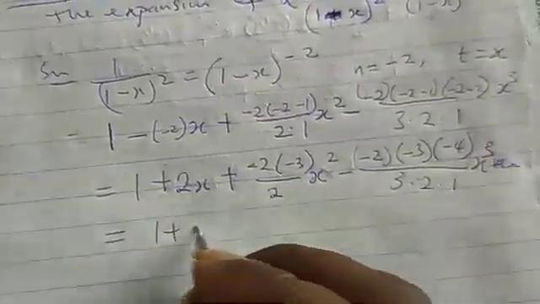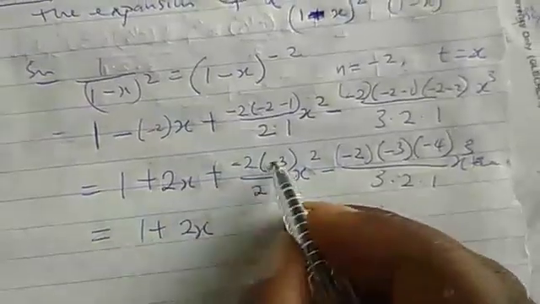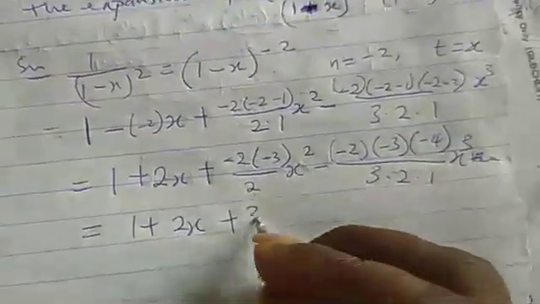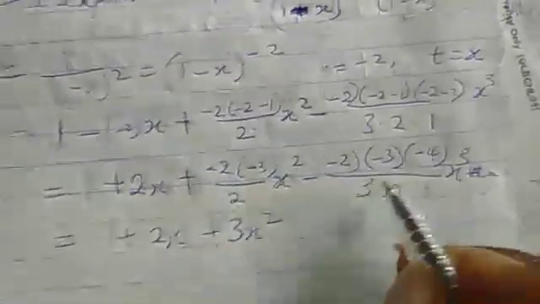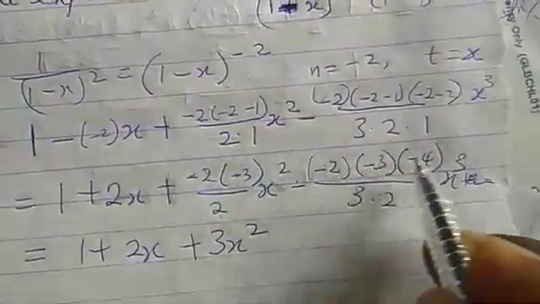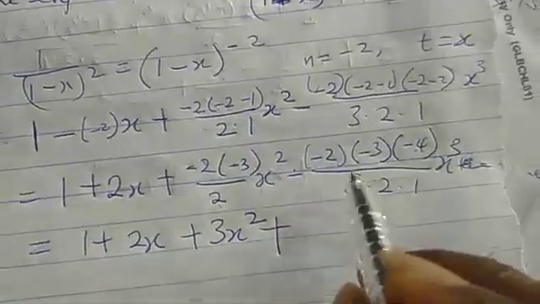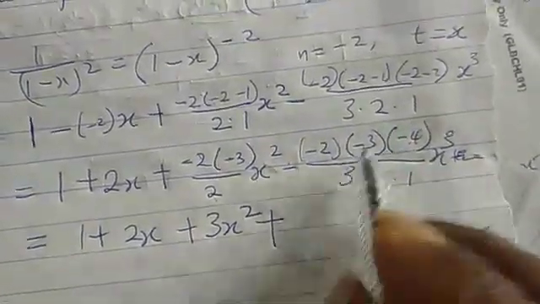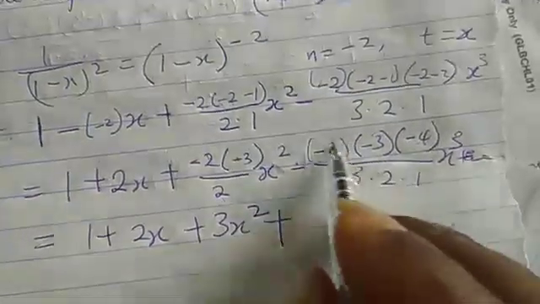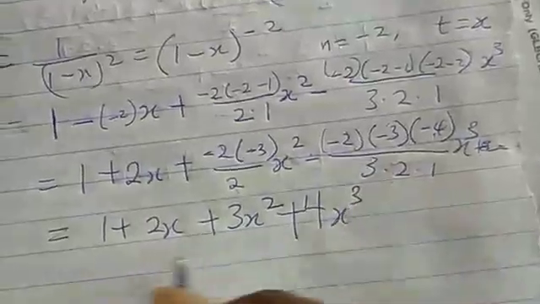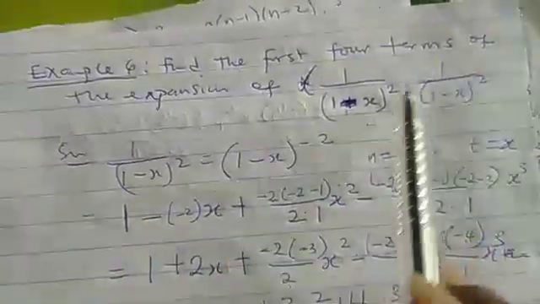For the first 4 terms, 1 plus 2x, minus 2 times minus is plus, the minus is gone. So 2 over 2 is cancelled. What we have left is 3x squared. Likewise, minus in 4 places will become positive. Also, you observe that 3 will cancel, 2 will be cancelled. What we have left is 4x cubed. So that is the first 4 terms of this expansion.